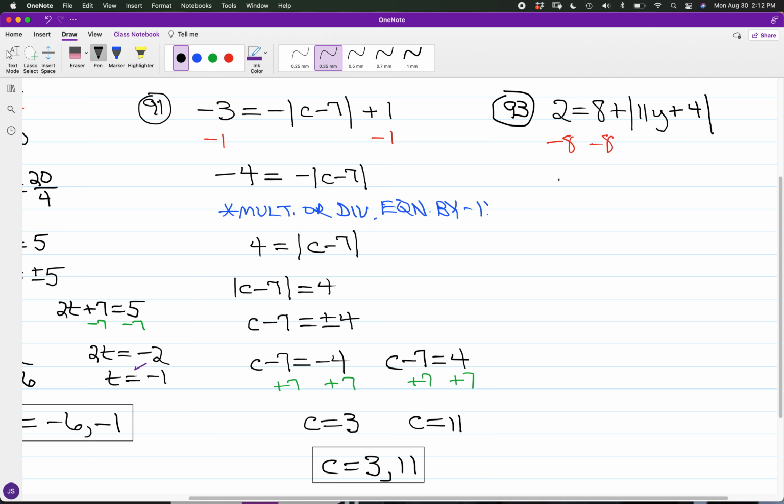So I have 2 minus 8 is negative 6, and to the right I have the absolute value of 11y plus 4. And again, I can just switch the order, and this is optional.